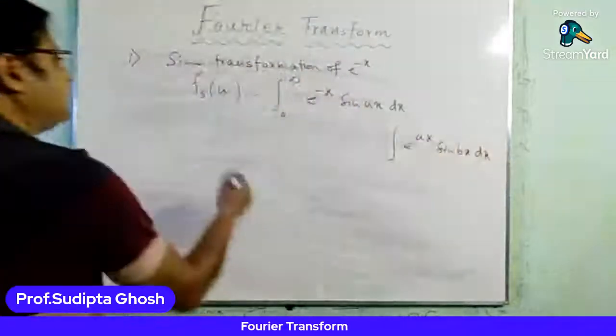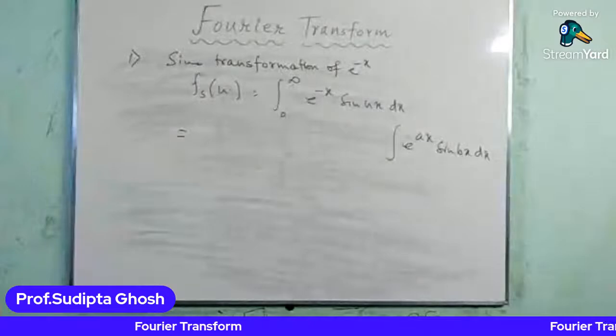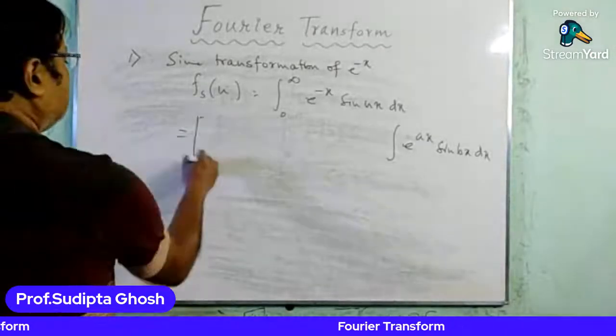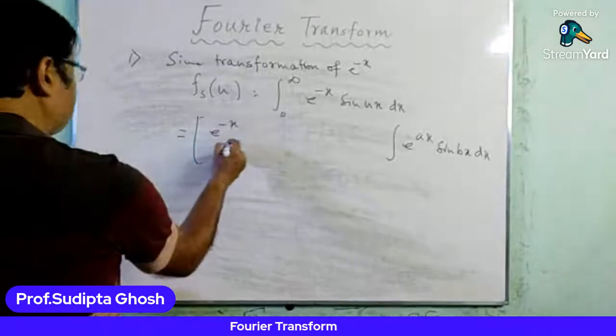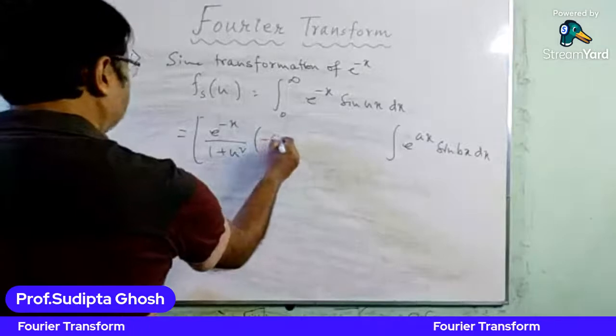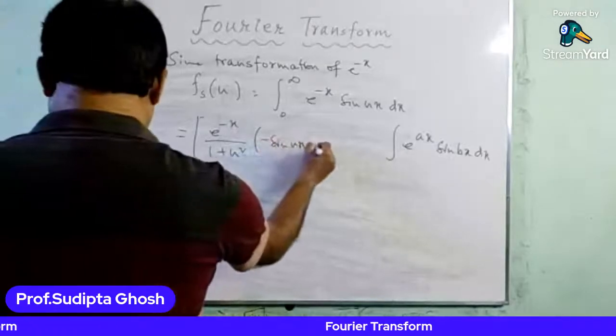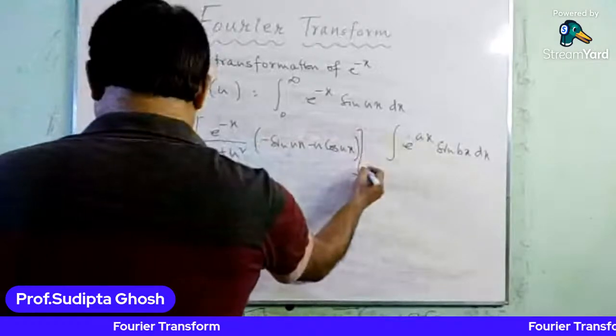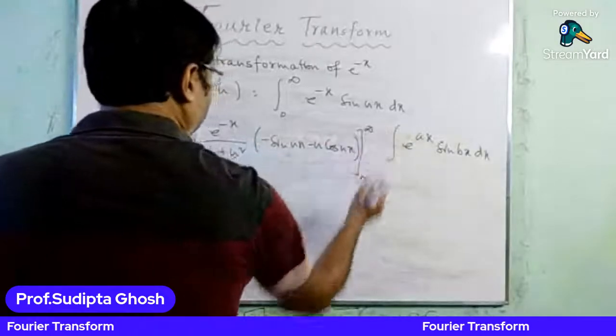So using this form, we have e to the power minus x over 1 plus n square into minus sine nx minus n cos nx, and the limit is from 0 to infinity.